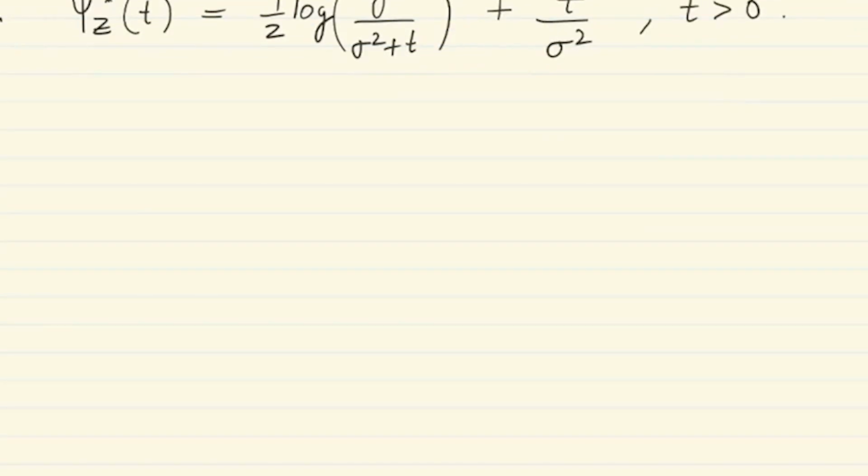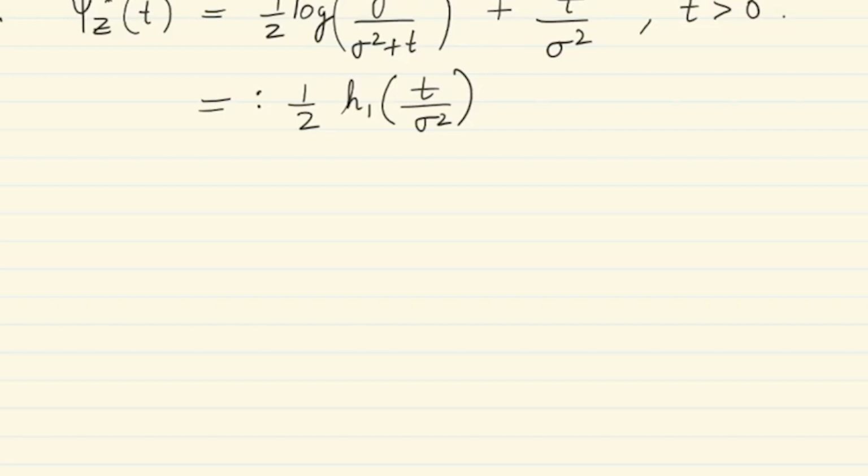So let's define this to be a new function, which is half of h1 of the quantity t by sigma square. So notice that the only thing that matters is the ratio of t over sigma square. Okay, so we have evaluated Cz star of t up to some reasonable level of clarity.